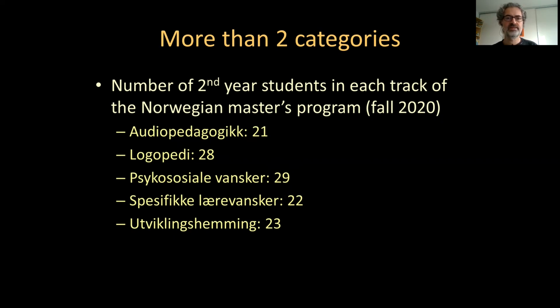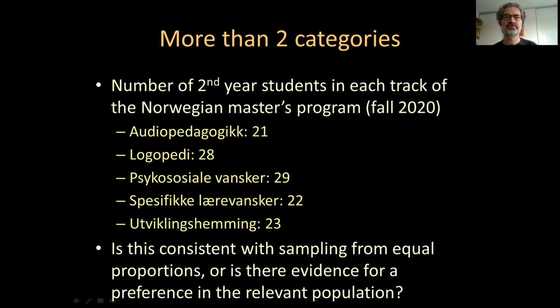Is this consistent with sampling from equal proportions, or is this evidence for different preferences in the relevant population, the population of students or the population of applicants to these programs? Let's calculate a chi-square index to find out if these observed counts are consistent with sampling from equal proportions.